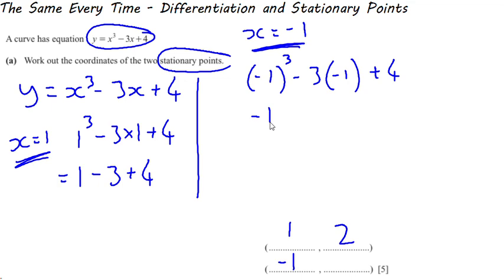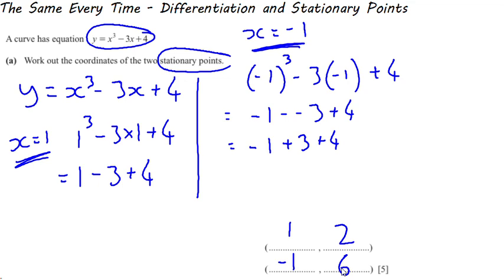And 3 times negative 1 is negative 3, so minus negative 3, then plus 4. So that's negative 1, minus minus 3, so plus 3, plus 4. Negative 1 plus 3 gives us 2, and then plus 4 gives us 6. So y equals 6 belongs with x equals negative 1.